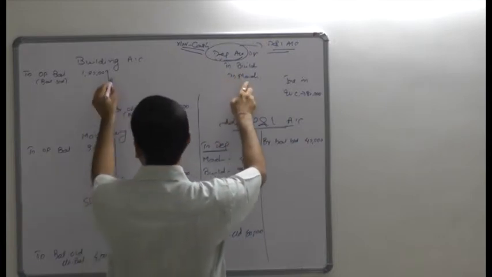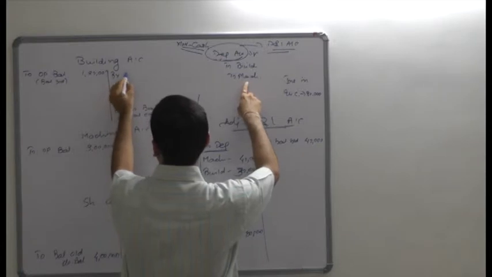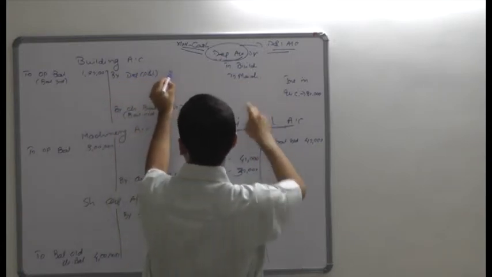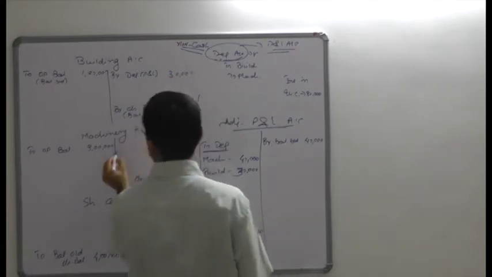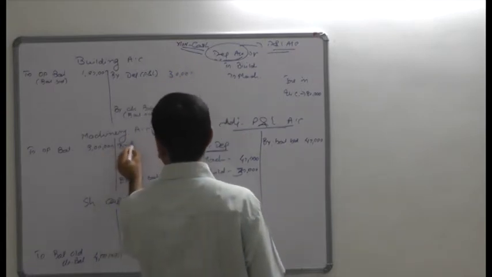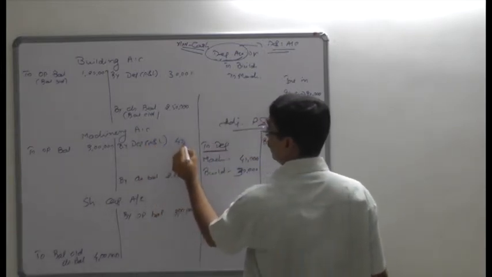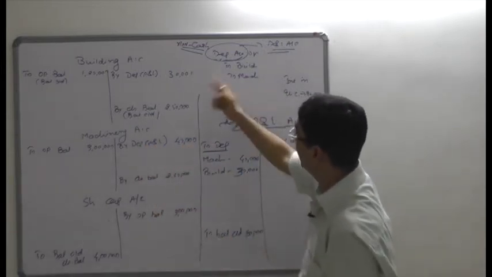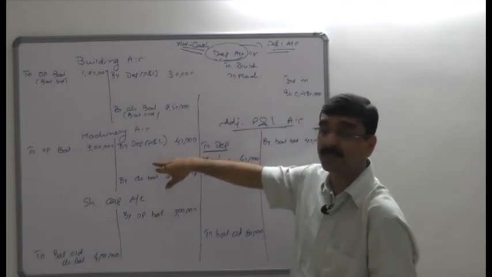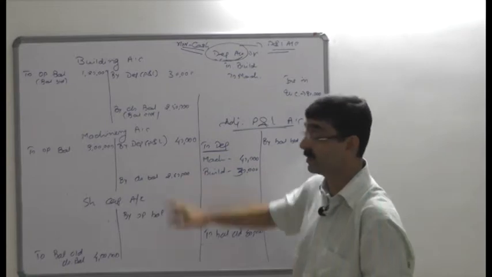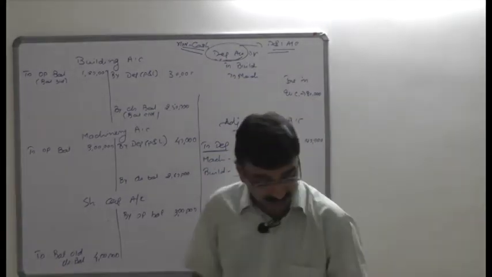So posting in the building account credit side by depreciation or P&L, building is 30,000 rupees, and in the machinery account by depreciation P&L account, rupees 40,000. So another effect would be recorded in their respective accounts as a credit item, because the depreciation is deducted from their asset value. So this is all about the second adjustment.